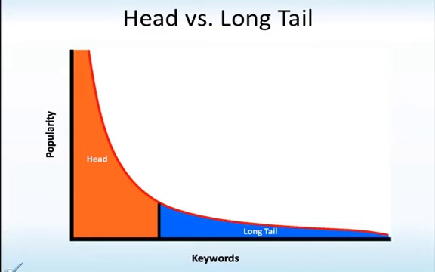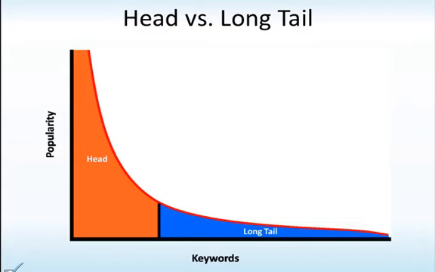You see that there's a small group that has a really high number of clicks compared to the rest. So that's what the head is called. The long tail is the keywords that individually account for little traffic, but collectively, if you add them all up, they could account for a huge amount of traffic.